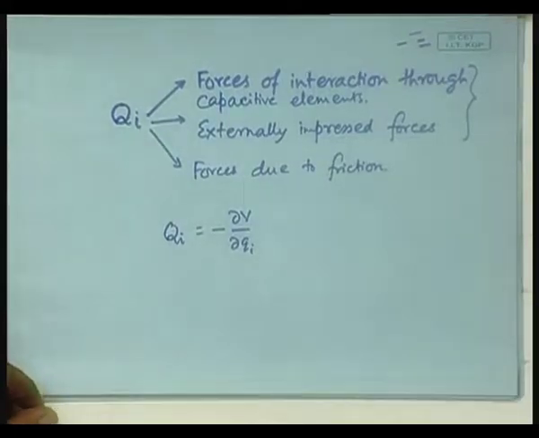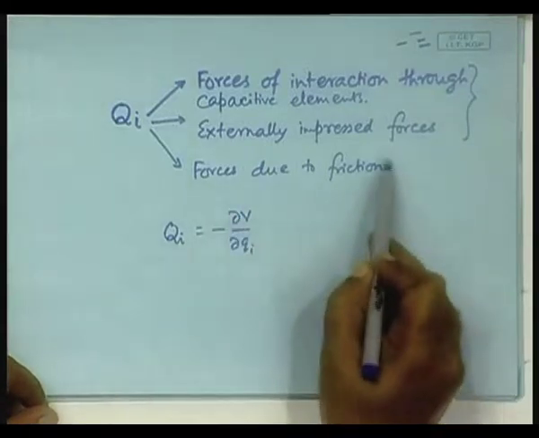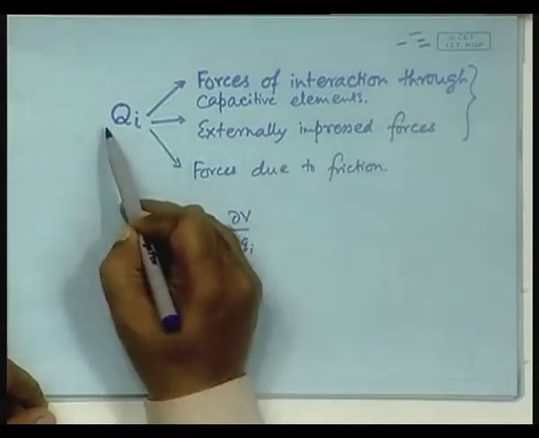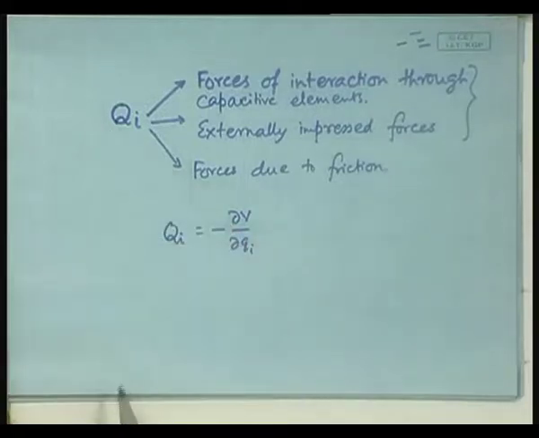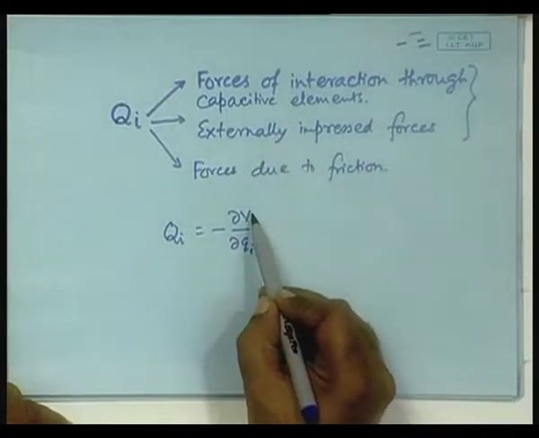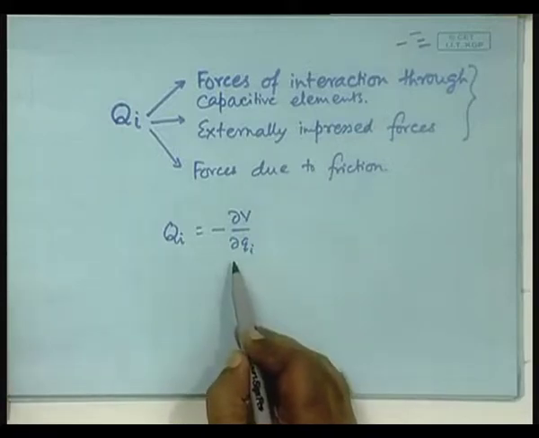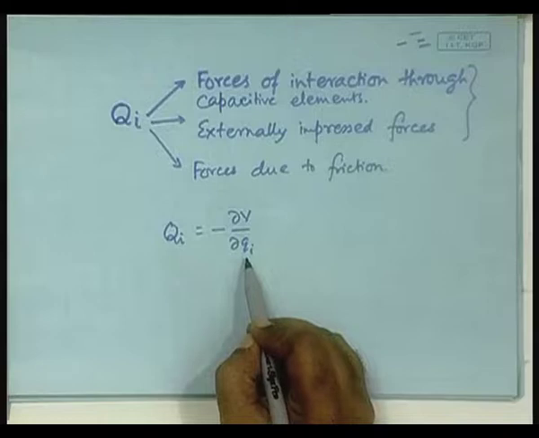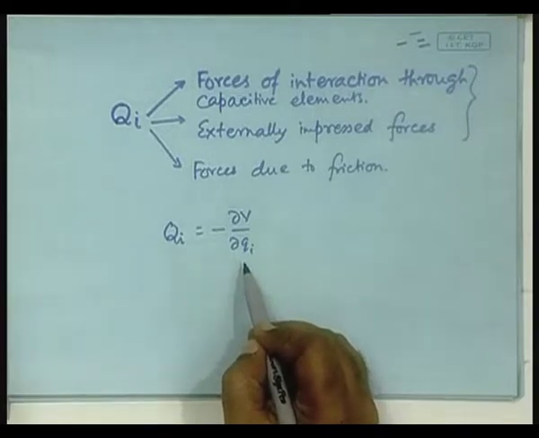The objective today will be somehow to include the forces due to friction into the Q_i term, but there is a problem here. The problem is that while the other forces could be obtained from a potential function by partially differentiating the potential function with respect to the generalized coordinates q_i, obviously that cannot be done for friction.